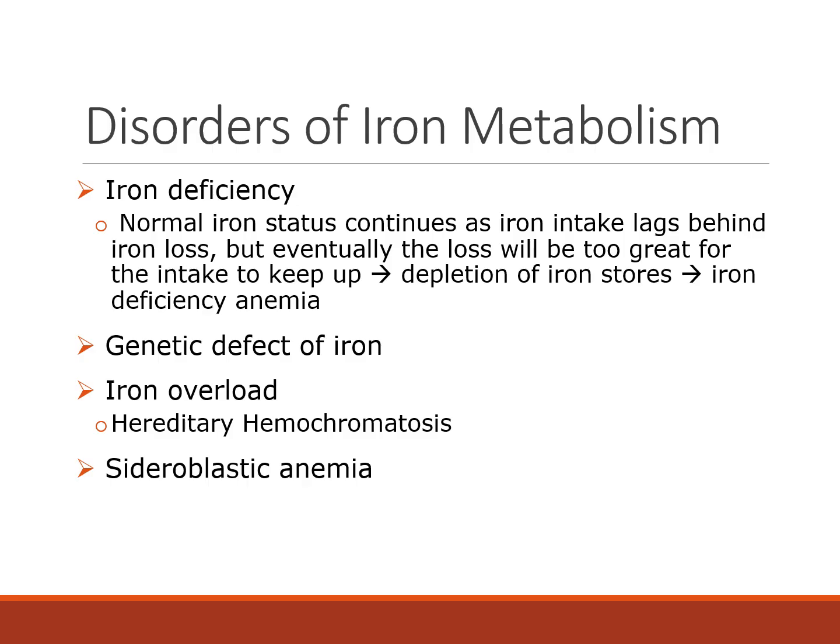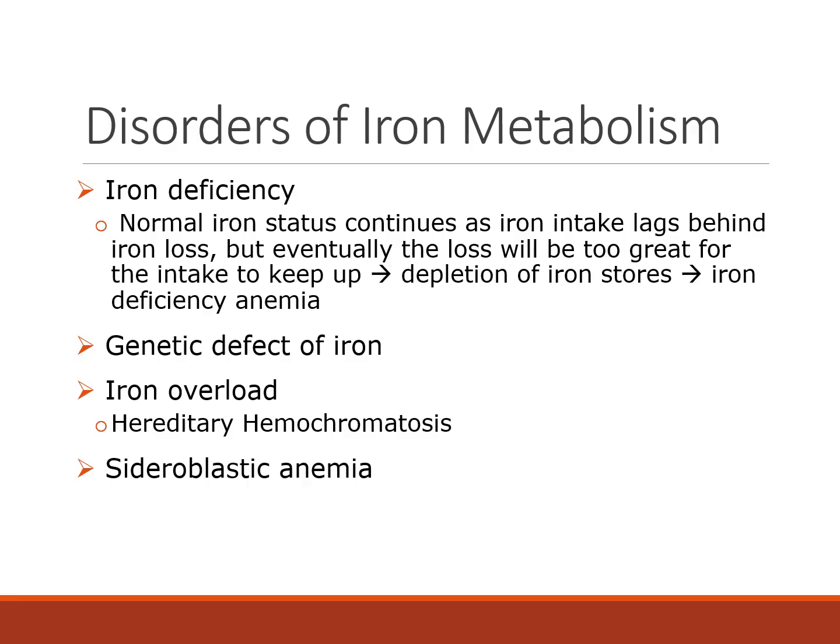So initially we have enough iron, but then maybe we're not taking in enough in terms of our nutrition, or we have lost a lot of iron because maybe we're going through a growth spurt and we're utilizing it faster than we're taking it in, or we're a woman and we are pregnant and growing another human being, which requires a lot of resources. So eventually, over time, that loss will be too great for the intake to keep up.